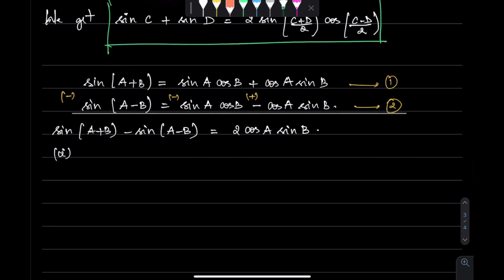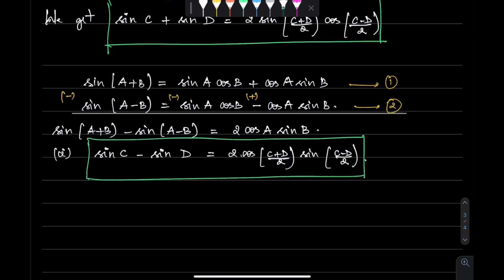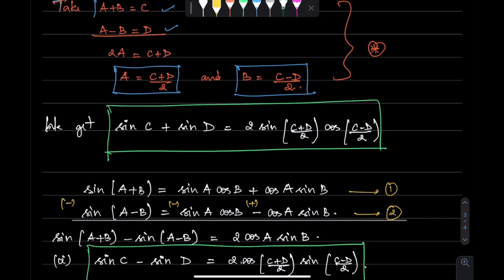Sine C minus sine D will be equal to 2 cos C plus D by 2, children, into sine C minus D by 2. Is it okay? So I hope you guys are following whatever I'm doing here. So you can consider these as the results. So we have done 13, and see how many results we are proving. This is your 14, and this is your 15th result.